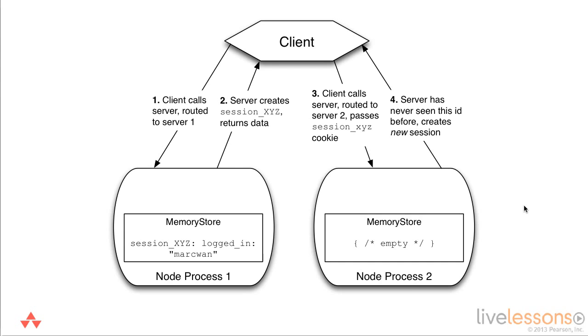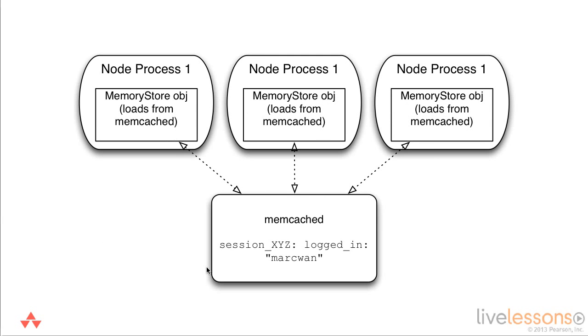So what we need to do is come up with some way to abstract out these memory stores. And the way we're going to do that is using something called memcached, which is just a key value object store that we can access via the network, either on the same host or on a different host, and it gives us a common place to put all of our stuff.